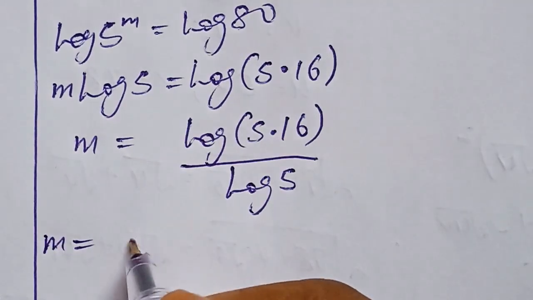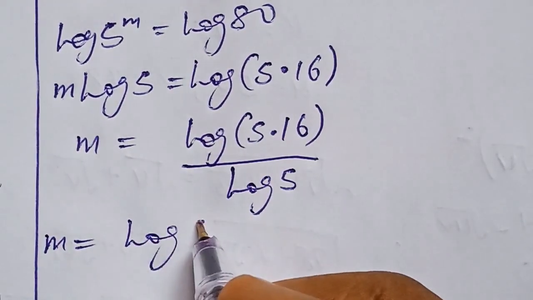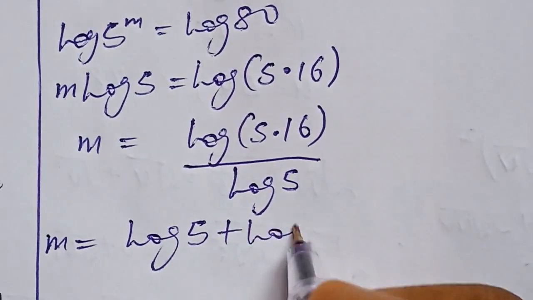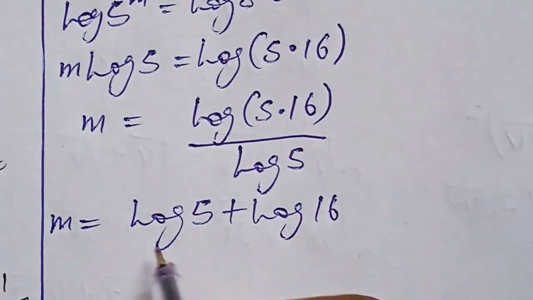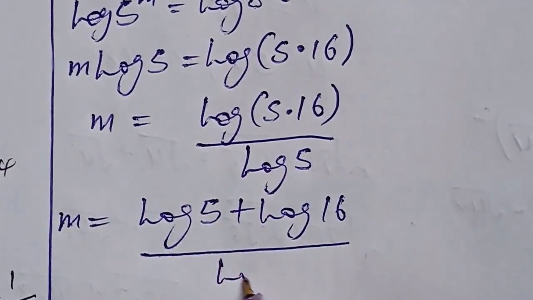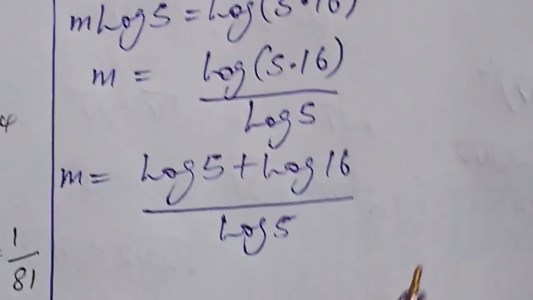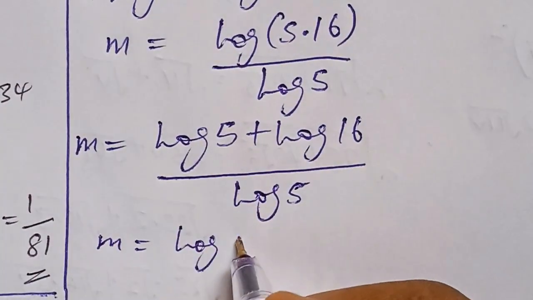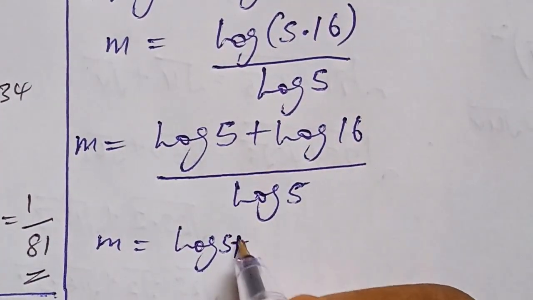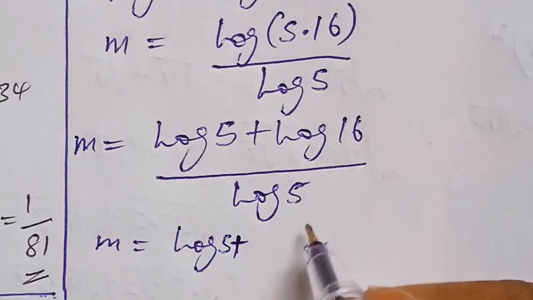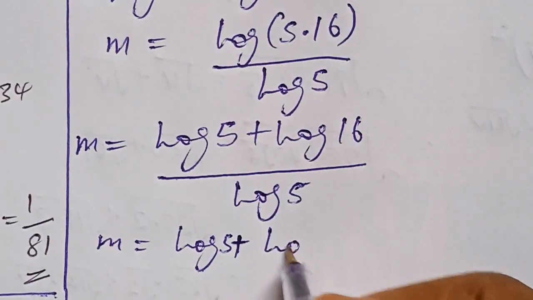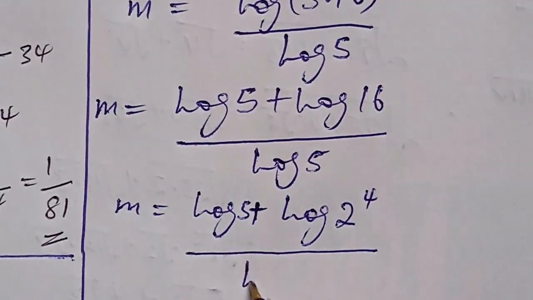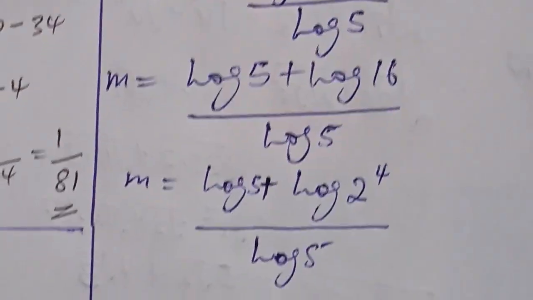So our m now becomes log 5 plus log 16 over log 5, which can be simplified as log 5 plus log 2 to the power of 4 over log 5.